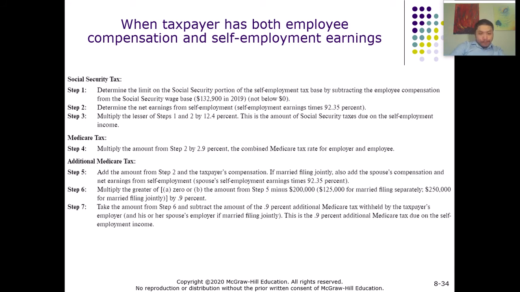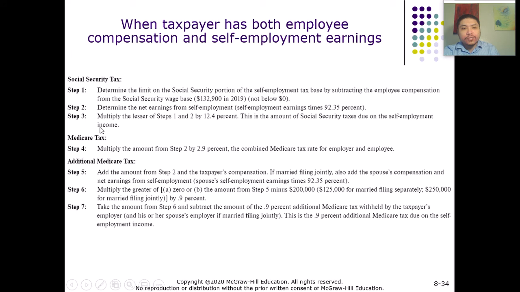All right. What about additional Medicare taxes? Remember, when the taxpayer's earnings are above the threshold, then he or she needs to pay an additional Medicare tax rate of 0.9%. So again, we follow the procedures. In step 5, we add the amount from step 2 and the taxpayer compensation.